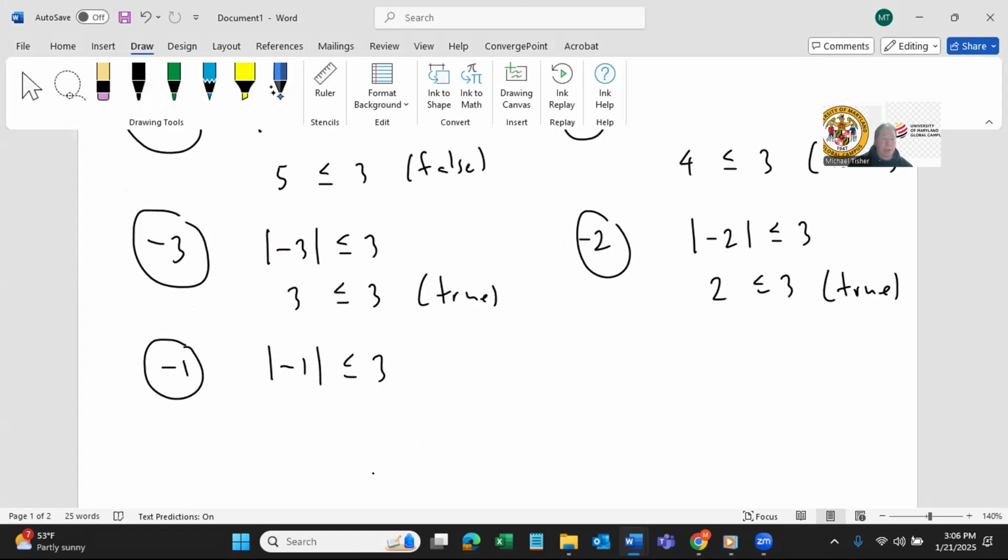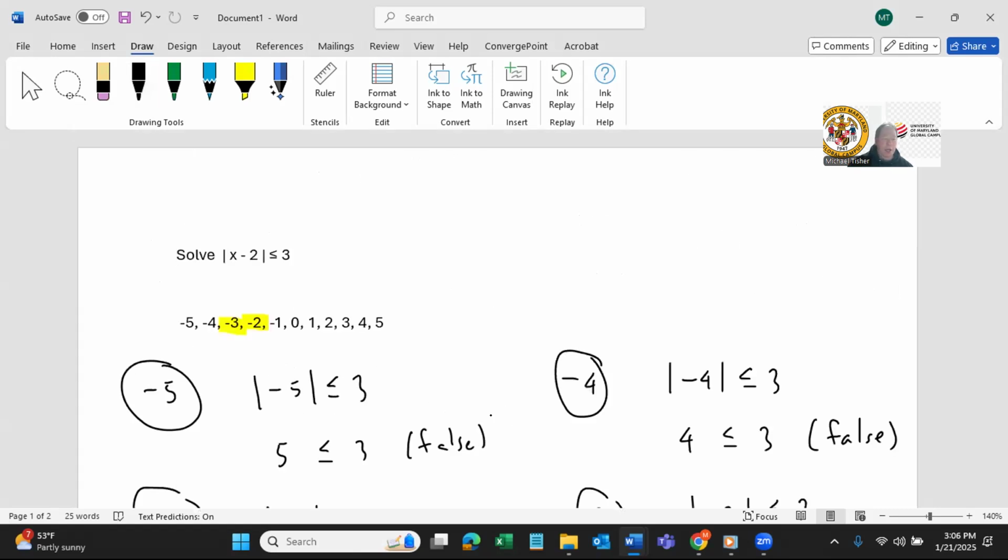Absolute value of -1 is 1, and is 1 less than or equal to 3? Well, that's true. So as expected, -1 will work.